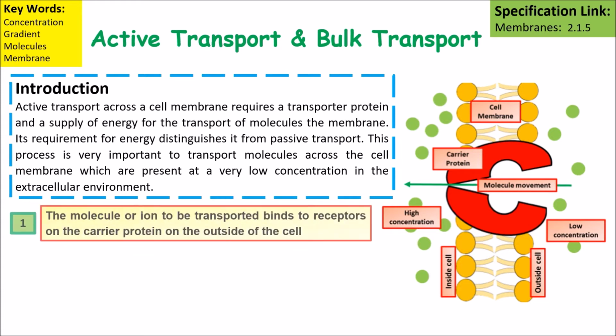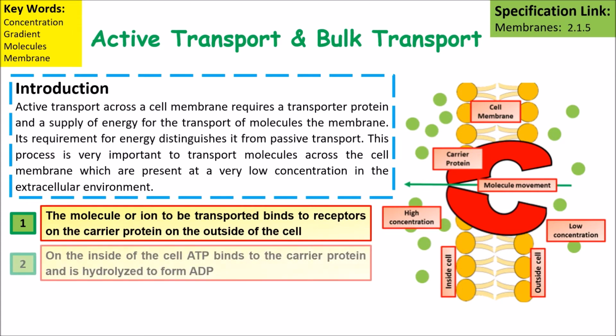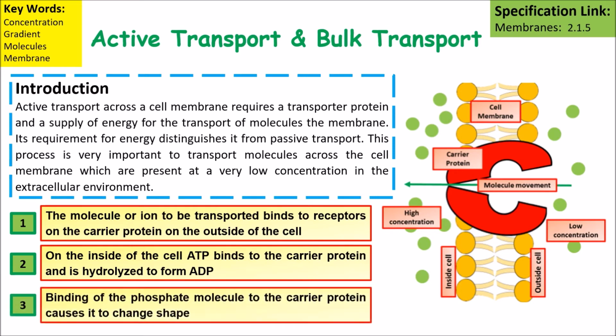So to start off with, the molecule or ion that needs to be transported binds to receptors on the carrier protein on the outside of the cell. On the inside of the cell, ATP binds with the carrier protein and hydrolyzes to form ADP. The binding of the phosphate molecule to the carrier protein causes it to change shape.